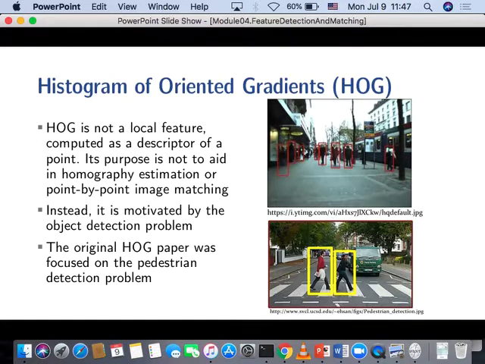Now, this is by no means an easy problem, because like I showed you in the very first lecture, cats come in all sorts of forms and colors and shapes and textures and deformations, right? That's also true for humans. Humans come in all sorts of clothes, everyone is wearing different colored clothes here. There might be different lighting. There are different deformations that a human body can take. There are different camera viewpoints.